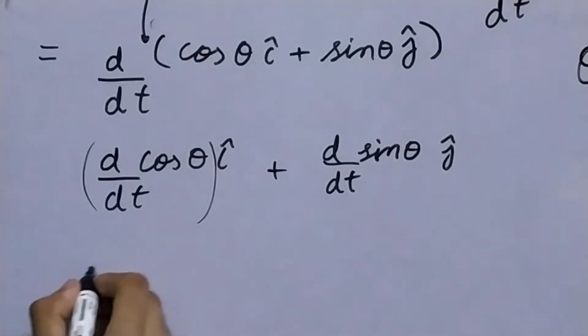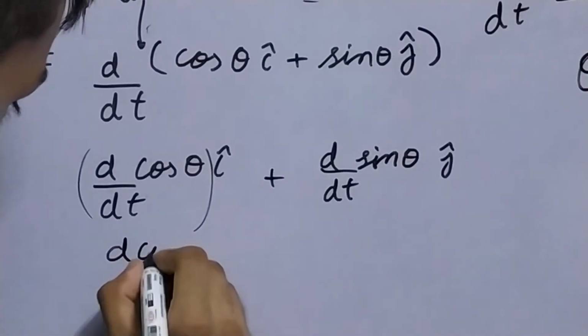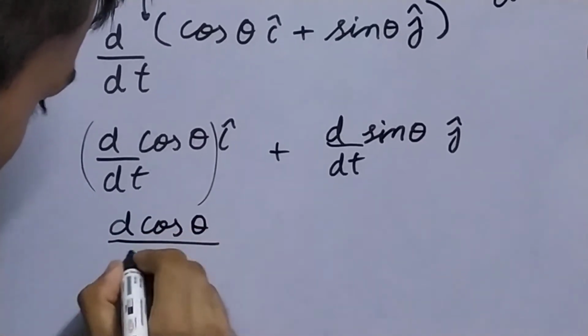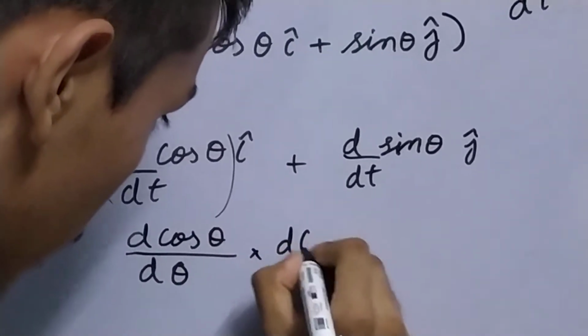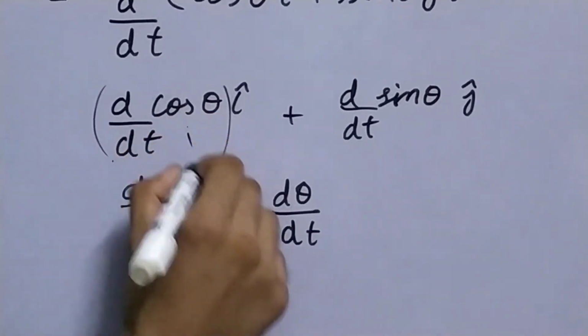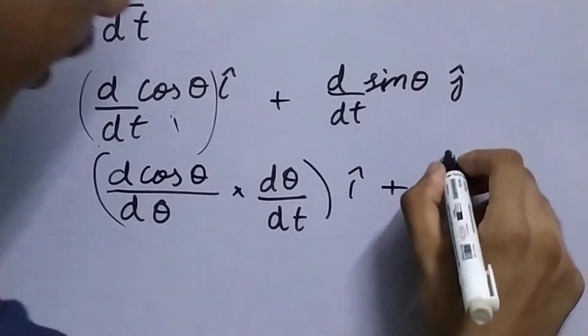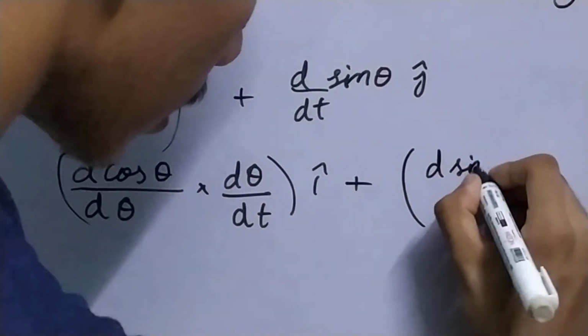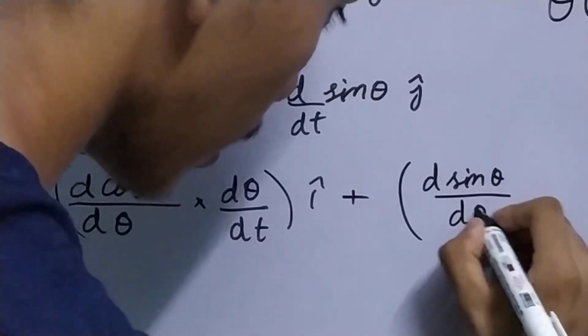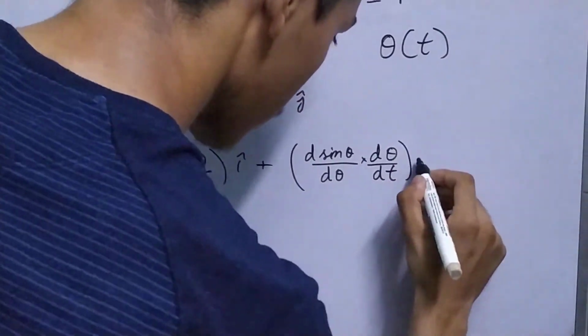So how you will differentiate is, you will differentiate using the chain rule. So d cos theta by d theta times d theta by dt, this one in i cap, plus similarly d sin theta by d theta times d theta by dt j cap.